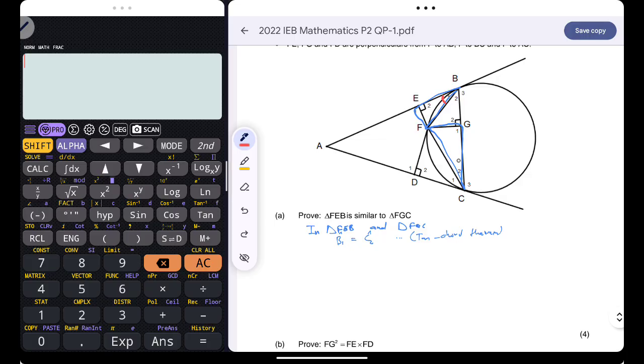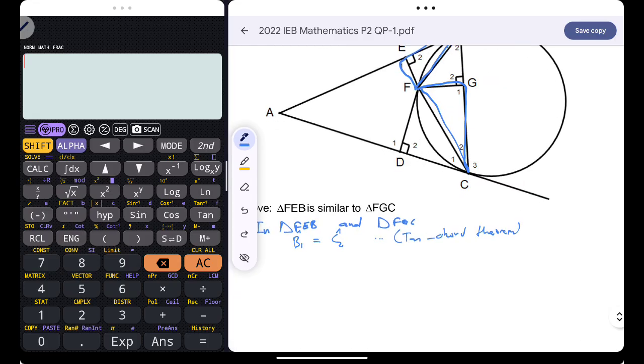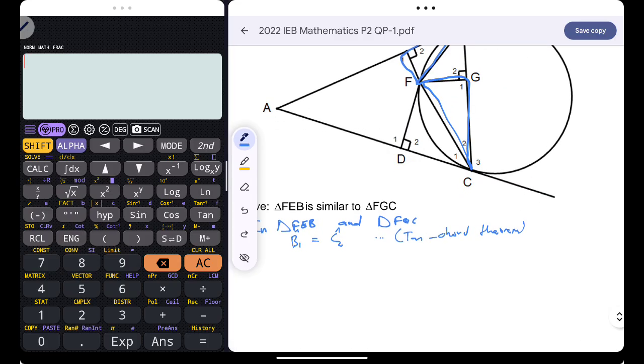Angle B1 is equal to angle C2, tangent chord theorem. And then we also know that angle E2 is equal to angle G1. This was given to us. Both angles are just equal to 90 degrees.